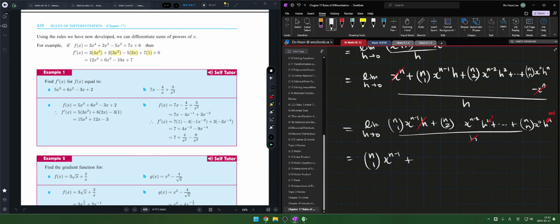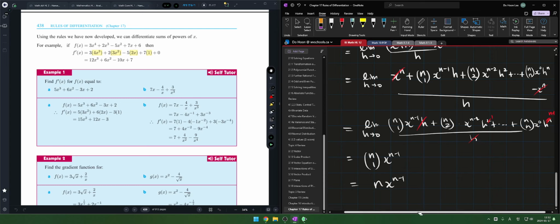They all go to 0, so that's it. This is the limit: n times x to the n minus 1. Now we have, by deduction, that's why it works.